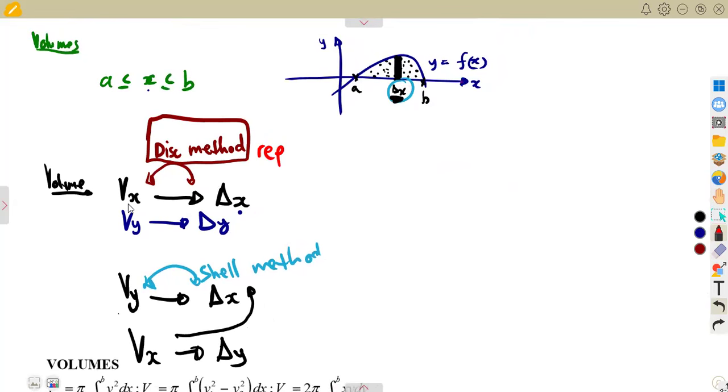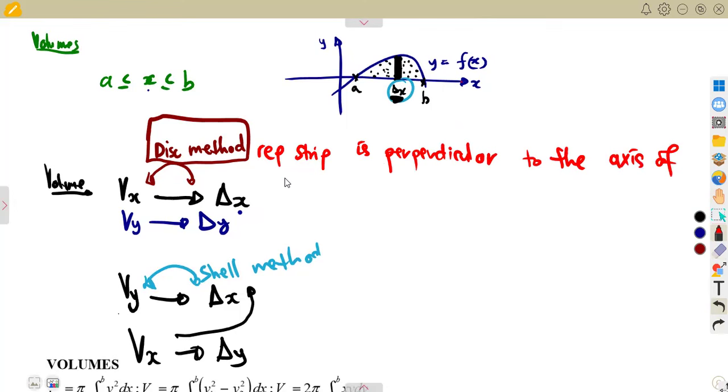Like volume for x, the strip is for x. So you will see that the representative strip and the axis of rotation are perpendicular to each other. Perpendicular, like they meet at 90 degrees. Okay, let me just write: perpendicular to the axis of rotation. So this must be perpendicular to the axis of rotation.